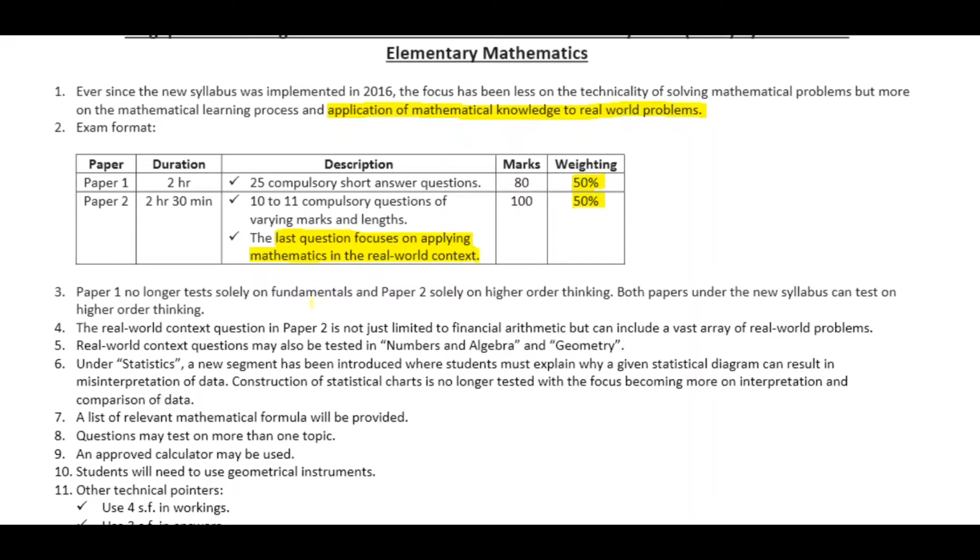So the real world context question in paper 2, which is the last question, is not just limited to financial arithmetic, but can include a vast array of real life problems. So it's not just related to, for example, calculation of interest rates, conversion of currency, and so on, but it can include a vast array of common problems that you will encounter in real life.